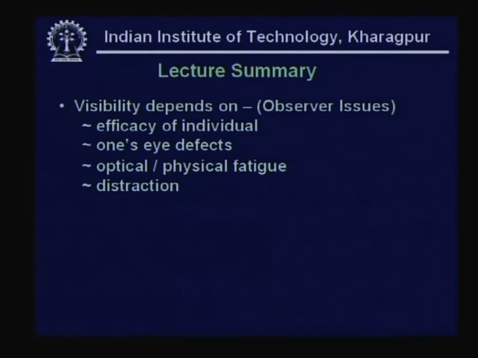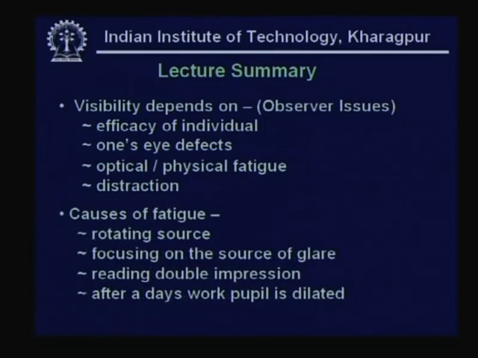Like any other activity that is going on, it is always disturbed by a distraction, like noise. Some of the causes attributable to fatigue are if the source itself is moving or a rotating source, and the presence of glare.